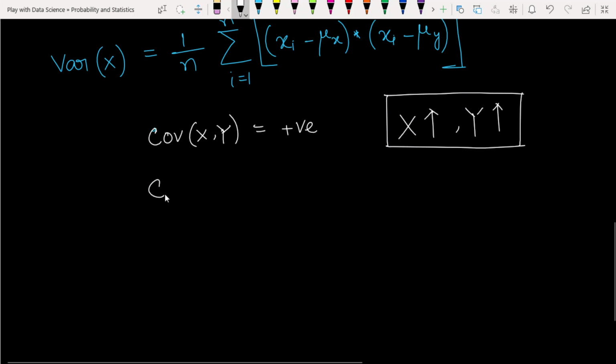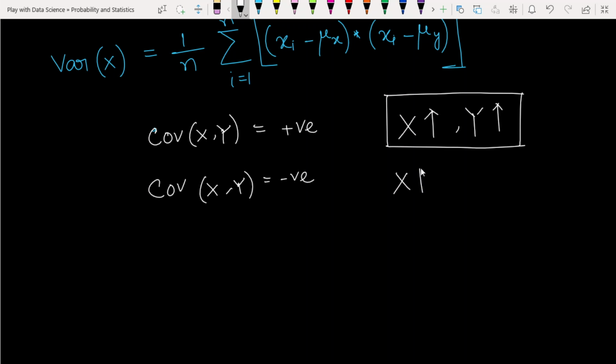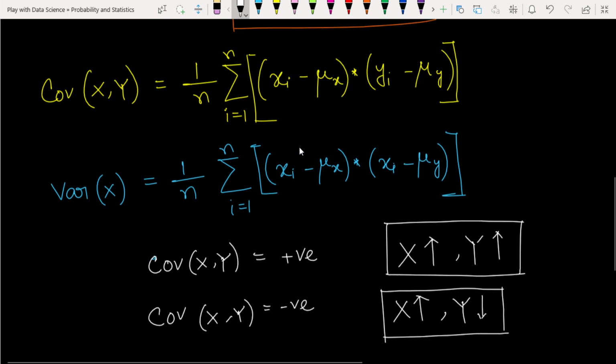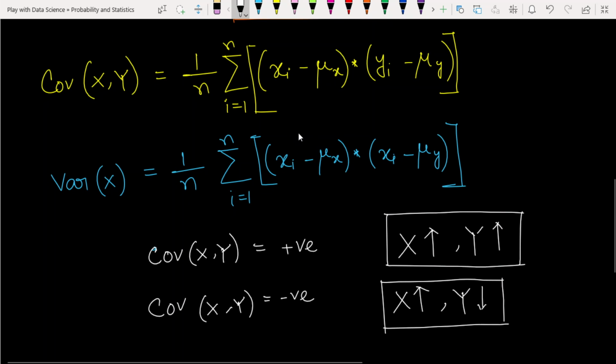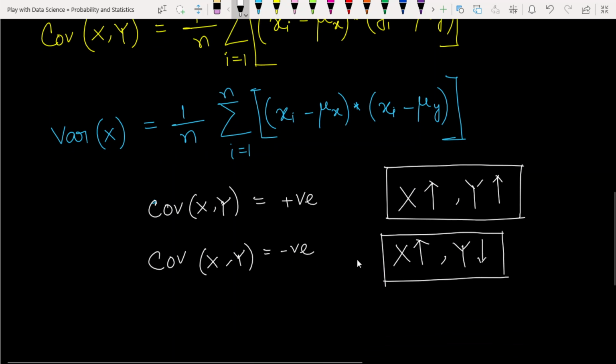And if the covariance of x and y is negative, then the relationship is that if x increases, y decreases. This is the second relationship. So if we calculate it and get a positive value, the first relationship happens, and if we get a negative value, the second happens.